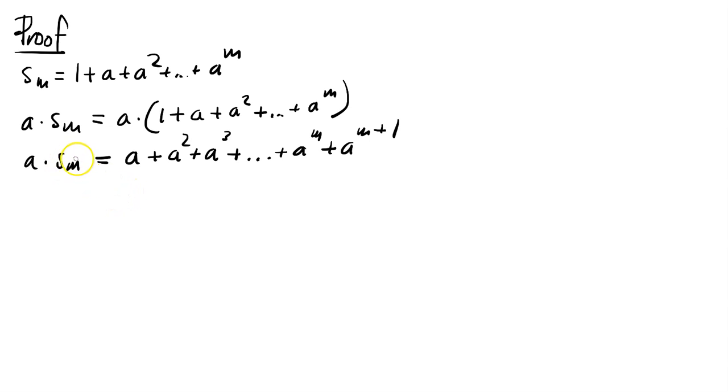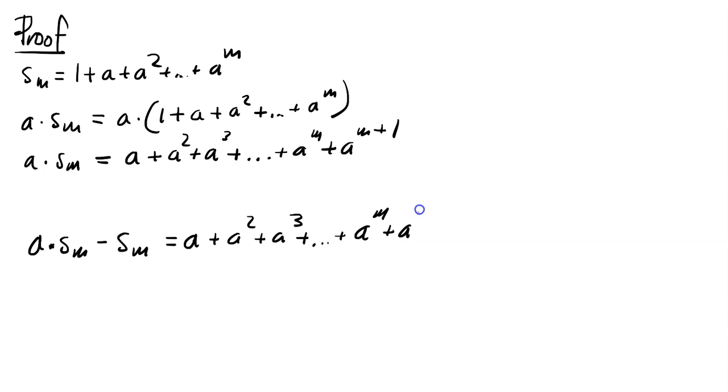Okay, let us now take this a times Sm, and subtract Sm. This one is equal to this sum. And then we subtract Sm, and that's just this sum.